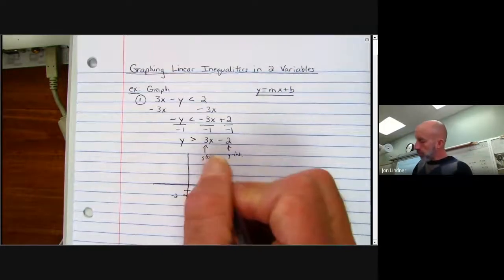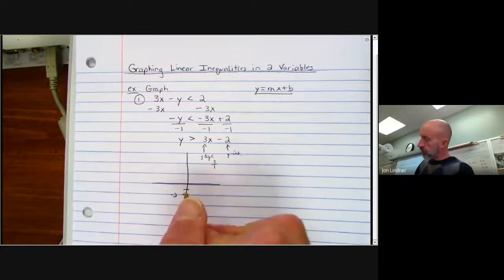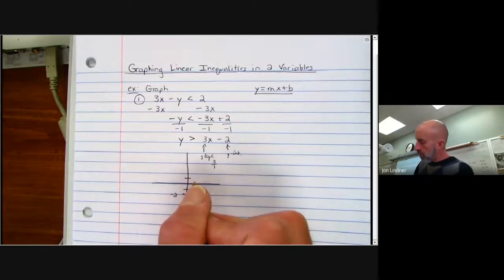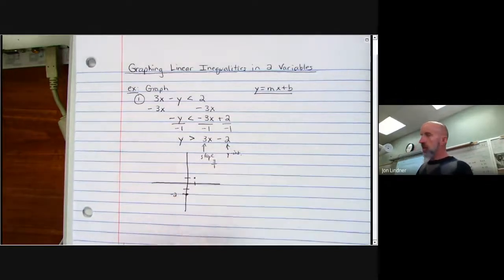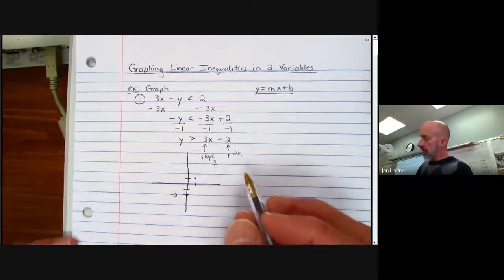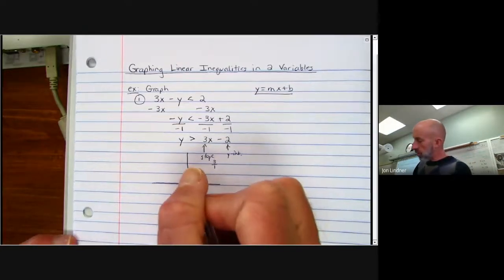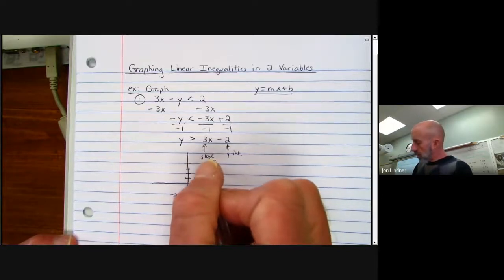My slope is 3, which is actually 3 over 1. So I'm going to go up 1, 2, 3, over 1 to get my next point. Now I could do that again, of course, up 1, 2, 3, over 1, and I'm up here someplace.